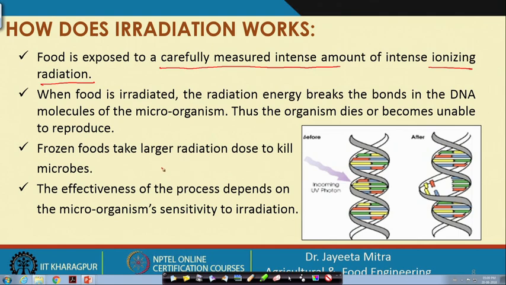Frozen food takes a larger radiation dose to kill the microbes, and the effectiveness of the process depends on the microorganism's sensitivity to irradiation. The same dose may not be applicable for all microorganisms, so we have to decide the dose requirement for the different microorganisms.